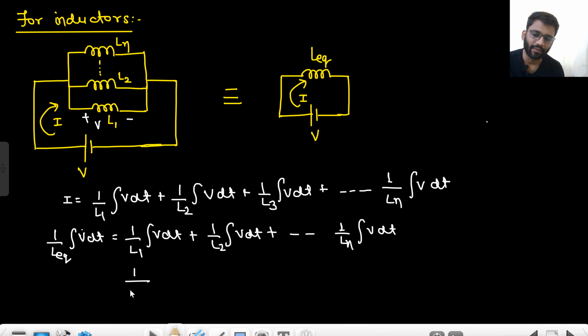So 1 by L equivalent is equal to 1 by L1 plus 1 by L2, and so on till 1 by Ln.